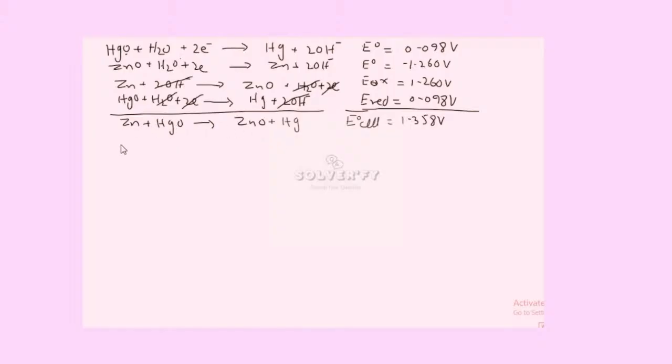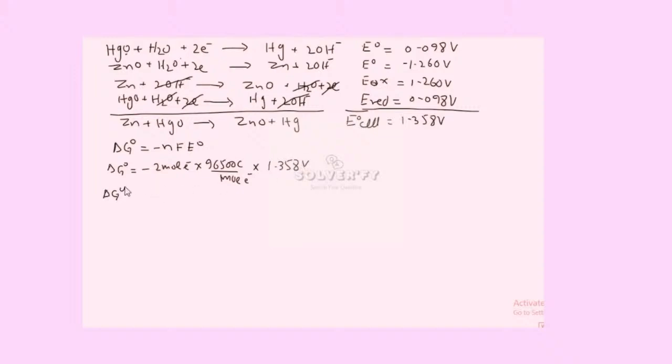Now to calculate delta G naught for this cell, we know delta G naught is equal to minus nFE naught. So delta G naught is equal to minus, where n is the number of electrons lost and gained, which is equal to 2 moles of electrons, F is the Faraday constant 96,500 coulomb per mole of electrons, multiplied by E naught of the cell, 1.358 volt.